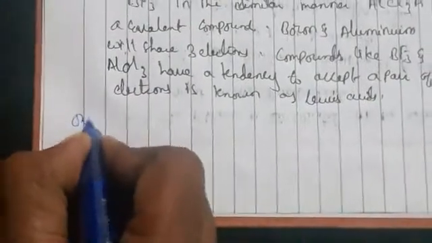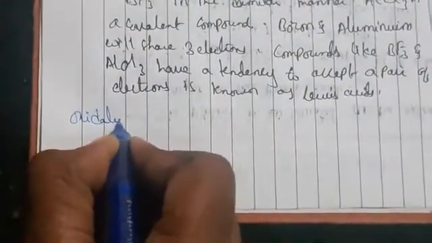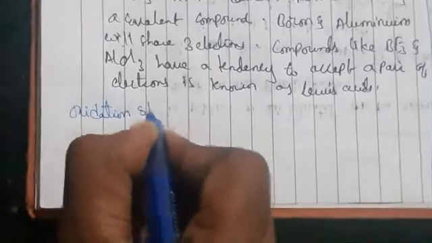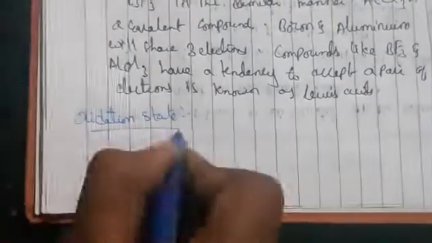So next let us discuss the next property, oxidation state. As we have seen for the outermost electrons, what electron valency are we having? Plus 3.